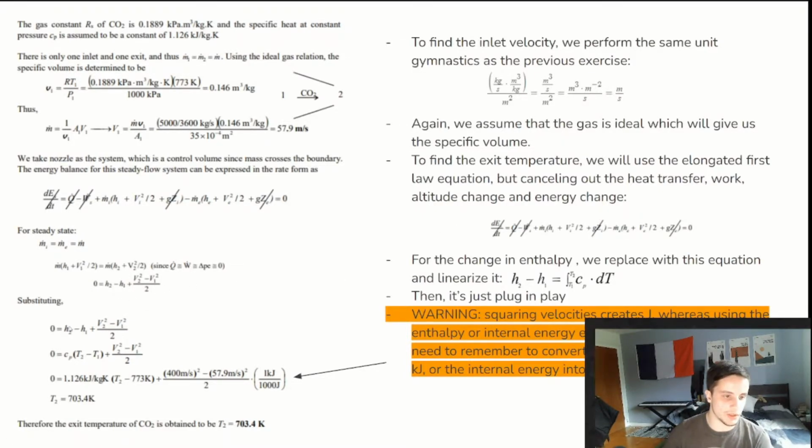They converted the change in specific enthalpy to Cp times delta T, and this time they reversed. We did the inlet minus the exit for both the specific enthalpy and the velocity, but they did the other way around. They did the exit minus the inlet, but in both cases, since it's equal to 0, it's the exact same thing.